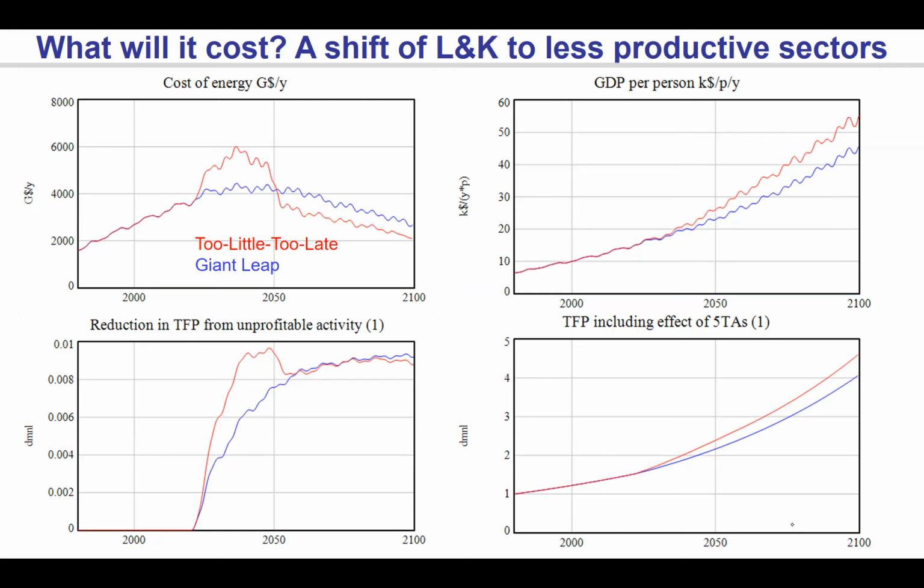And in macroeconomics, this is the total factor productivity, which is the variable which is then basically lowered a little bit in this scenario in order to reflect the real fact that by working against the market, you're taking people that currently do very productive work into somewhat less productive work.